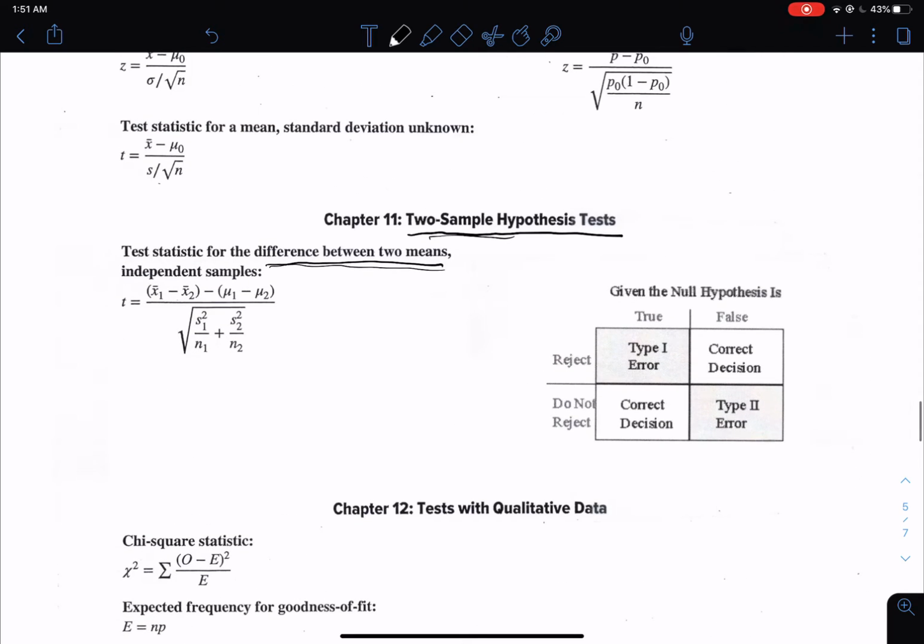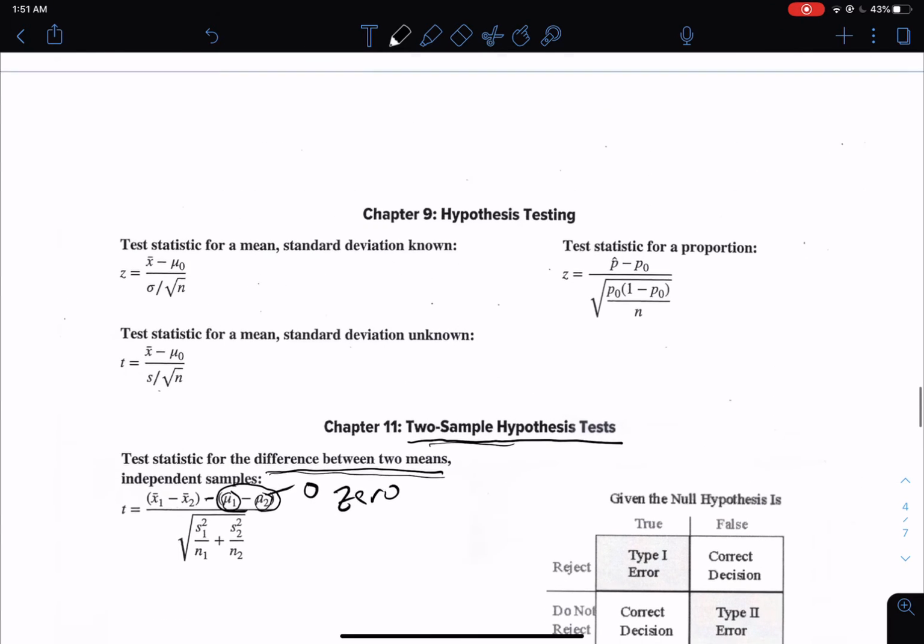Well, if this value is equal to this value and we subtract them, guess what that is? That's always going to be 0. So that'll just go away, because a number minus 0 just doesn't do anything to the value.